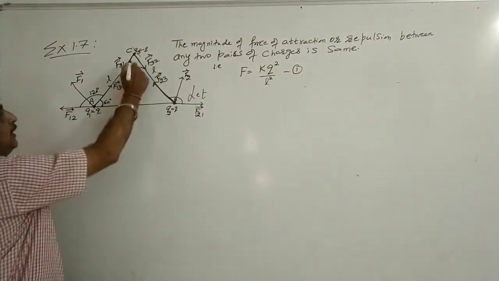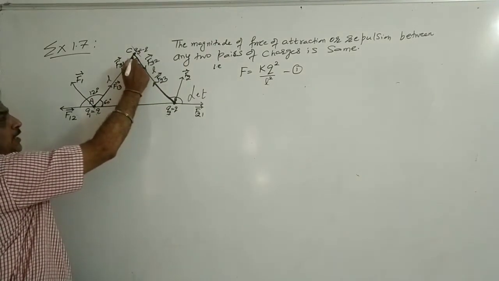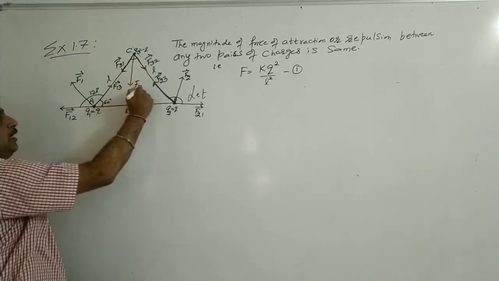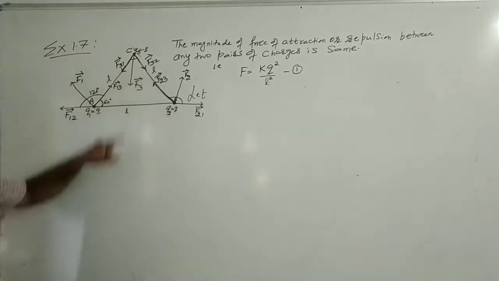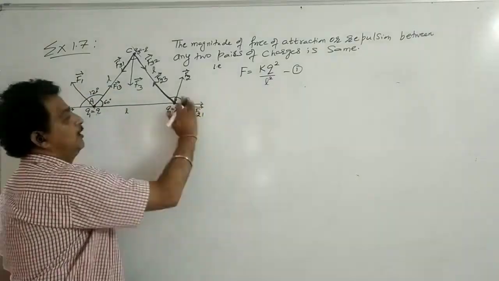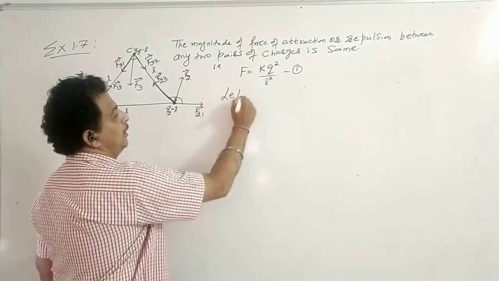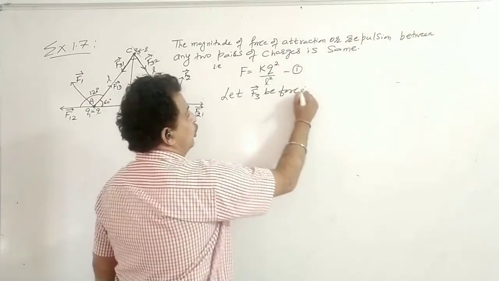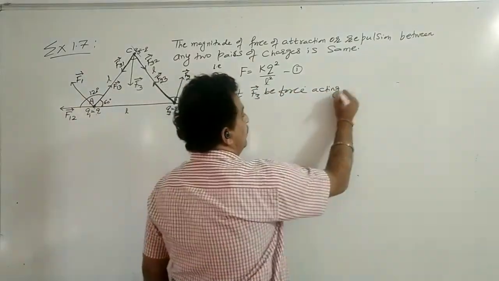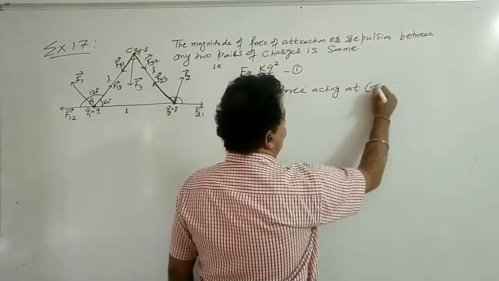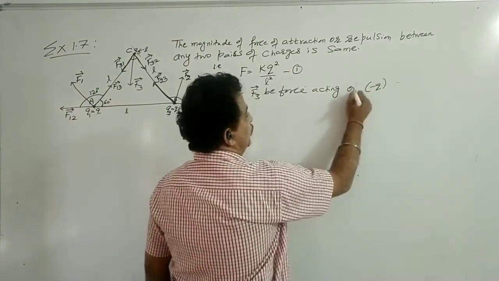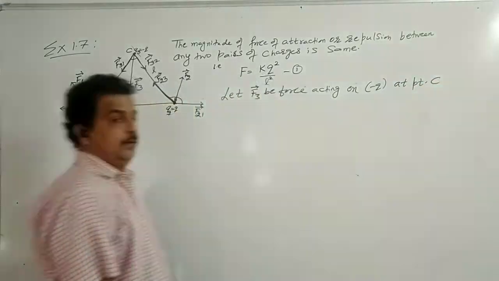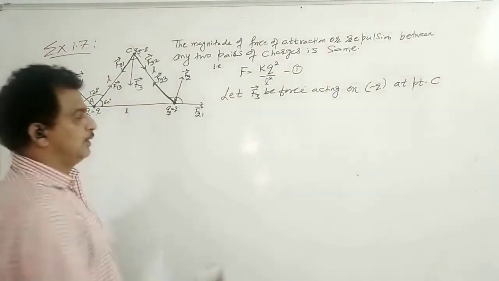The angle between these is 60 degrees because it is an equilateral triangle, and the resultant comes out in the downward direction. Let us name this F3. So again, the third portion: let F3 be the force acting on minus Q at point C. So F3 is a resultant force.